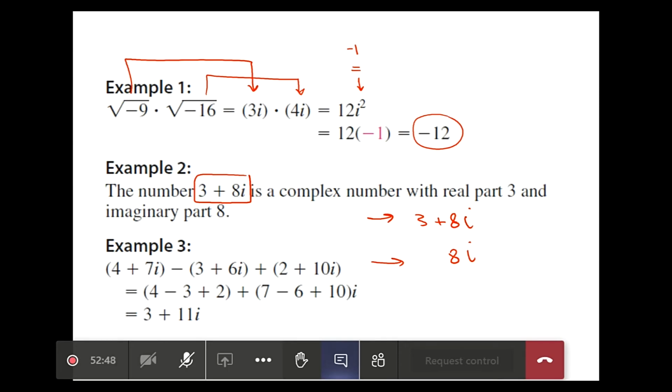What's the value of the real part in the second? Real part is real without i. The real part equals 0. And the imaginary part equals what? 8. Okay.